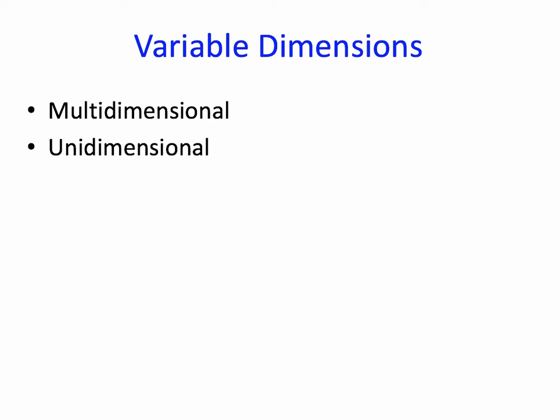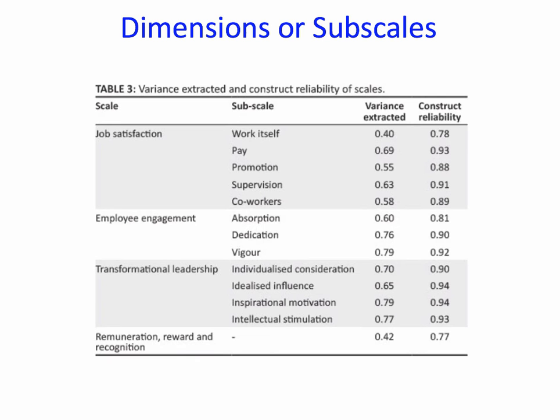What I'm saying is concepts can be unidimensional or multidimensional, so they can have multiple dimensions or simply one. So this is an example here. Most scales that we develop usually have at least a few dimensions. Very rarely do you see scales with just one dimension, but it can happen.